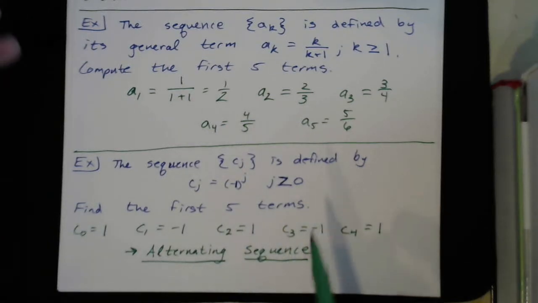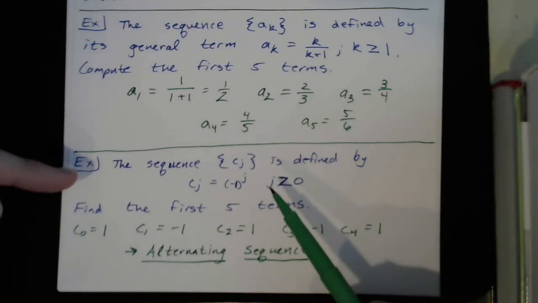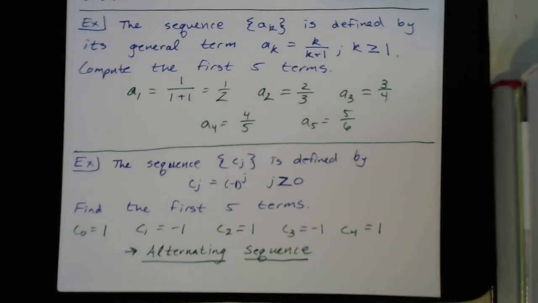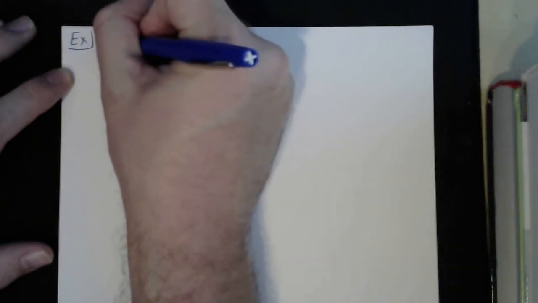So we have our regular sequence, we have an alternating sequence, and then we're going to continue looking. One more example before we jump into the next thing, and that is probably what you would most often think of when you think of sequence problems. That would be finding the general term.